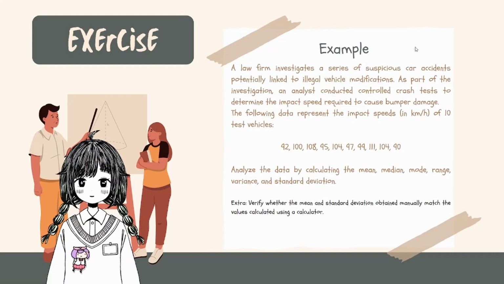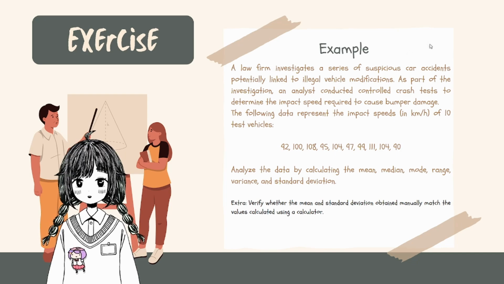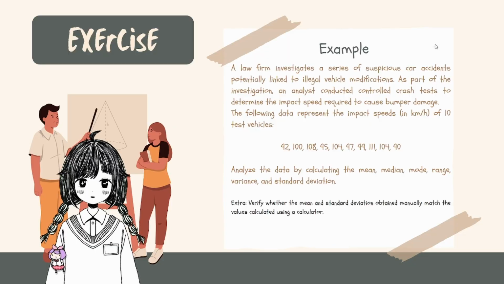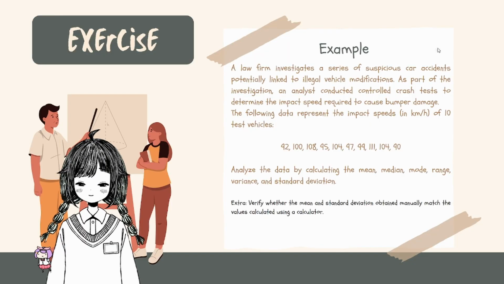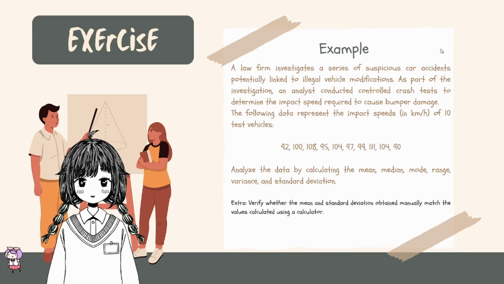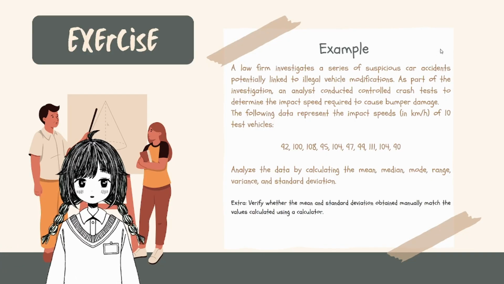A law firm investigates a series of suspicious car accidents potentially linked to illegal vehicle modifications. As part of the investigation, an analyst conducts controlled crash tests to determine the impact speed required to cause bumper damage.